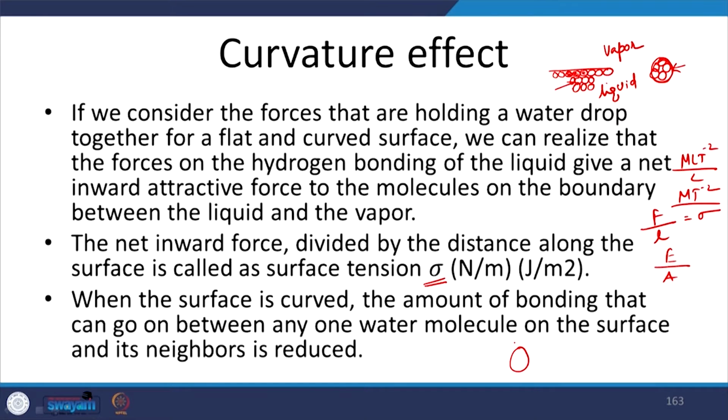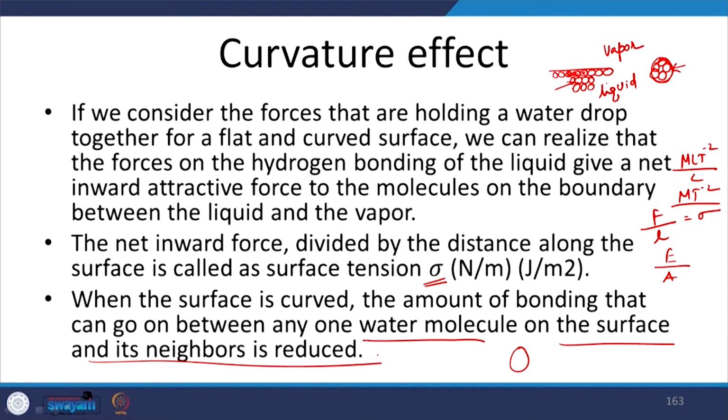The amount of force that can be felt by a given molecule due to all its neighbors will be less. The amount of bonding that can go on between one water molecule on the surface and its neighbors is reduced. That is the idea.